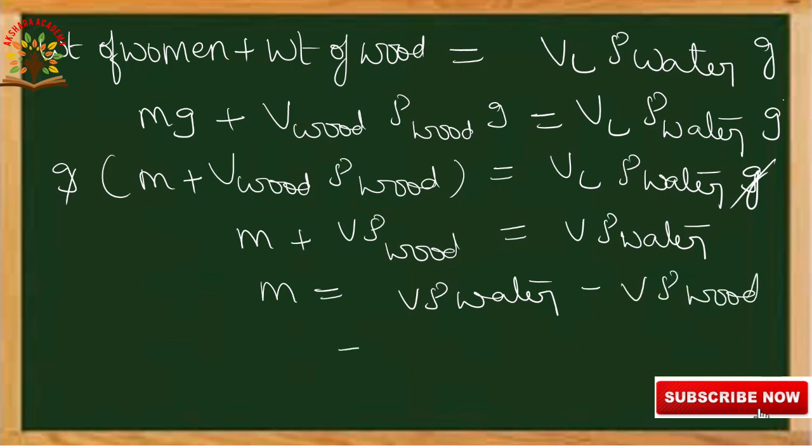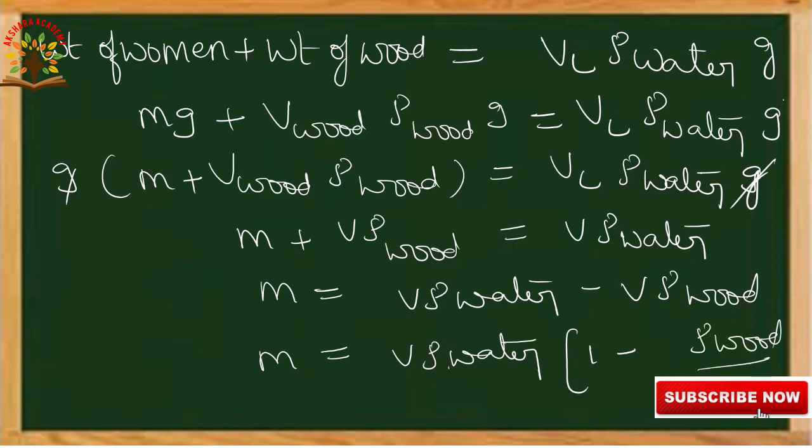Here we have to calculate V. Taking V common, m is equal to V rho water into 1 minus rho wood by rho water, density of wood by density of water.